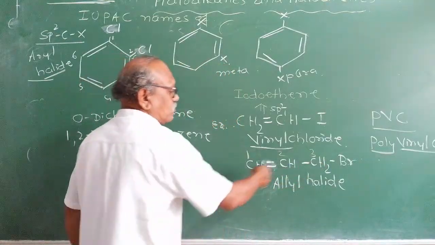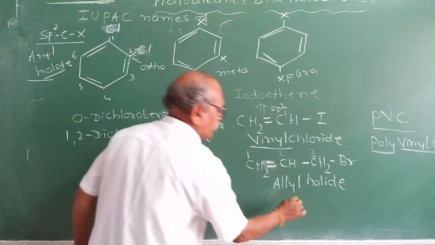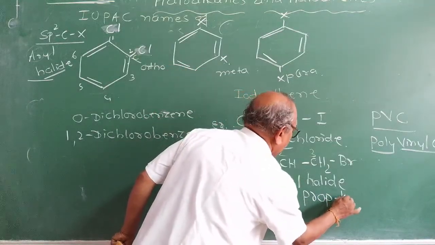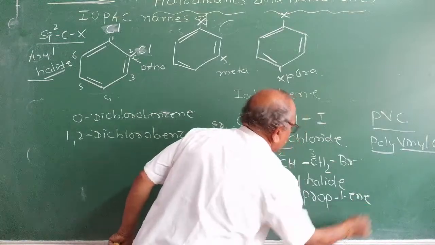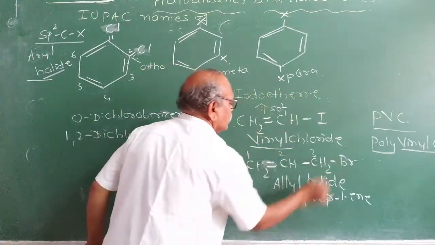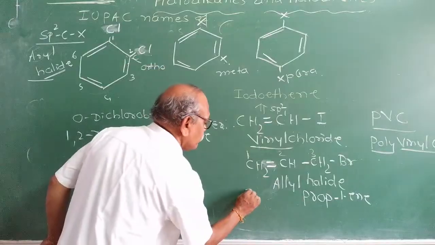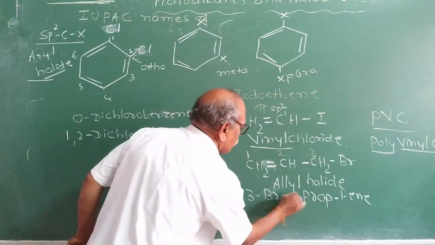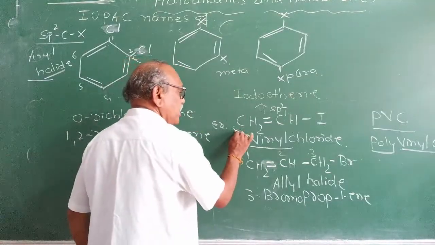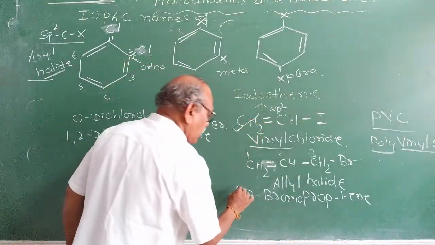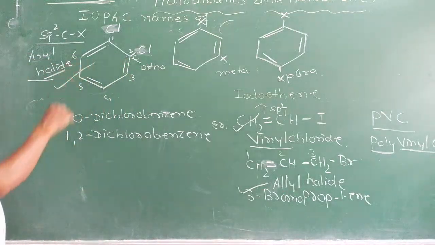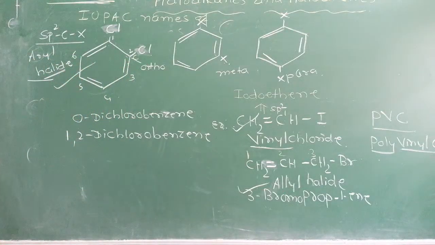The root word is prop. 1-ene, and where is bromine? 3-bromo. Number of times questions appeared. Try to distinguish between vinylic halides, allylic halides, aryl halides. You are learning.